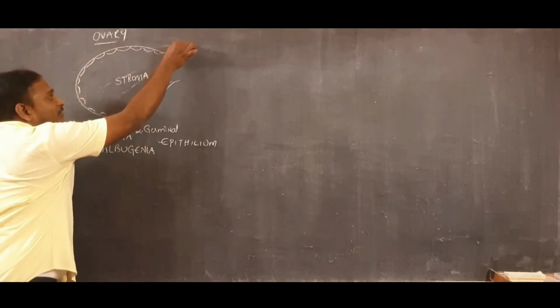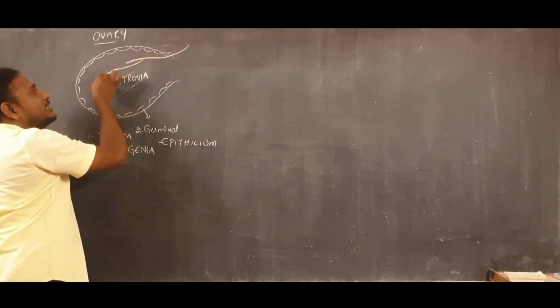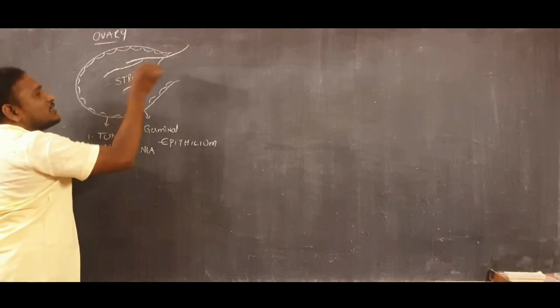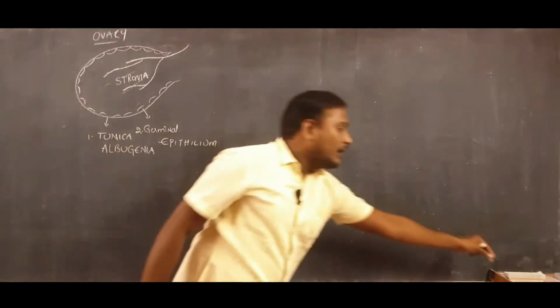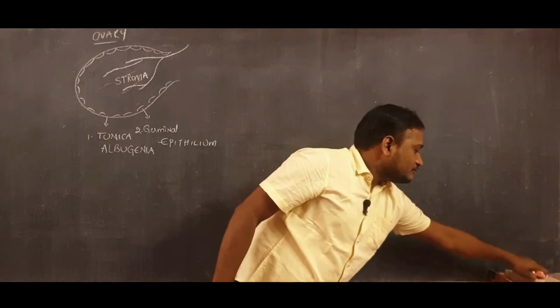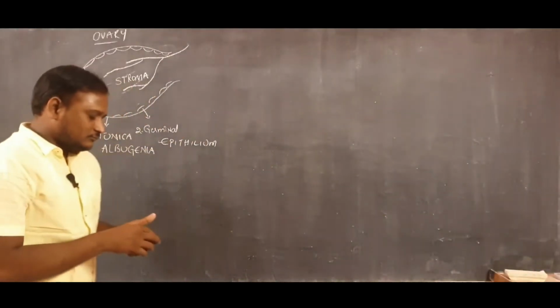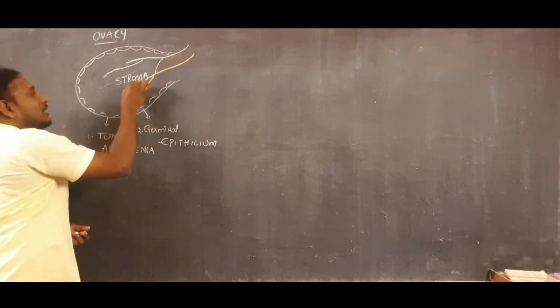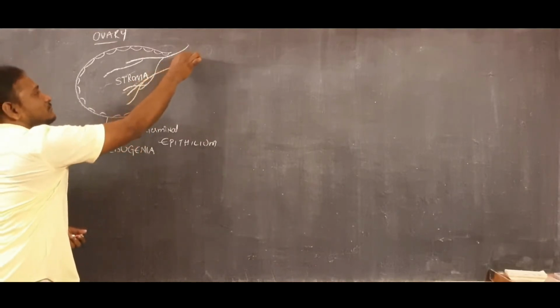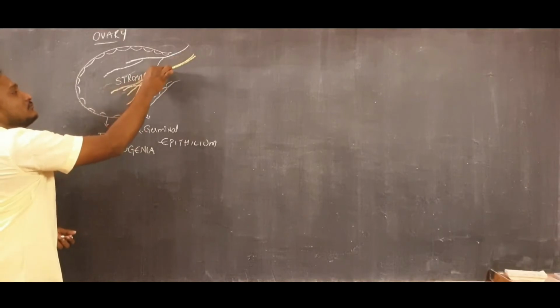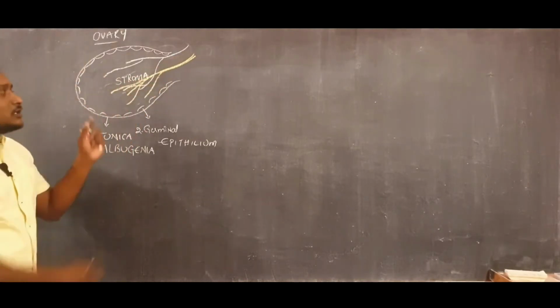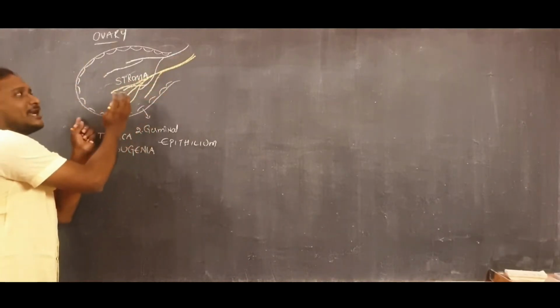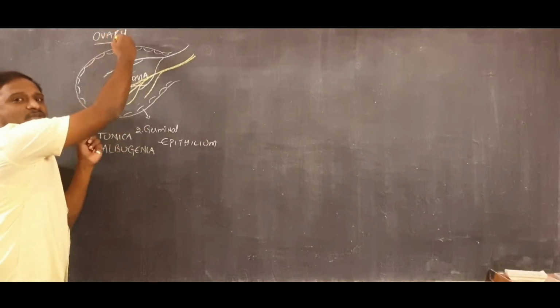Now, blood vessels will enter this ovary. Along with that, there are also a number of lymphatic vessels. The ovary is connected with the female reproductive system through the mesovarium, which we already discussed.